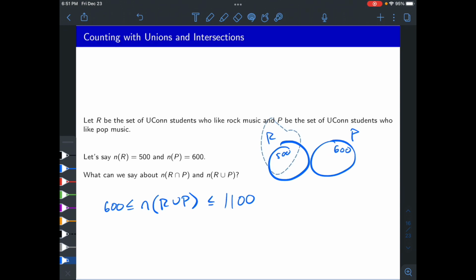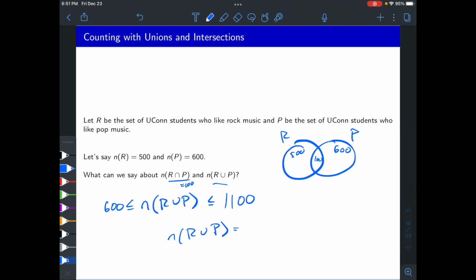Moreover, let's say that we knew how many students were in the middle here. Let's say that we knew that there were 100 right there. Let's just pretend we knew that this was 100. We could actually figure out exactly what the union is. You could do it similar to how we did it before, or you could think of it like this.